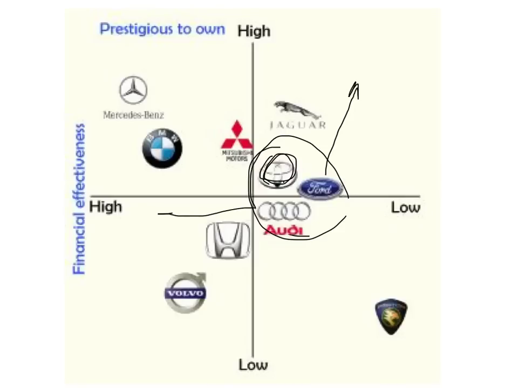So Audi might decide we're gonna make ourselves look more prestigious and more expensive. We're gonna try to go over here, maybe not quite so close to Honda, but maybe we're gonna try to make people think that we're a little more like BMW, but a little more affordable. Ford, well, they're probably not going to try to act more like Jaguar, are they?